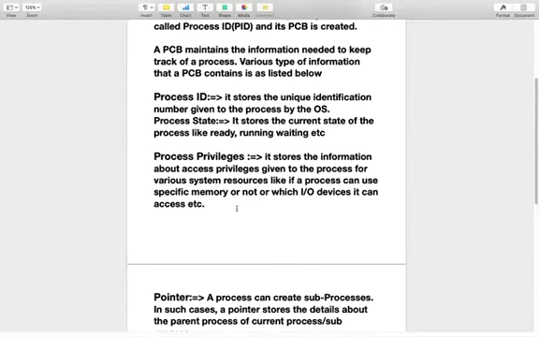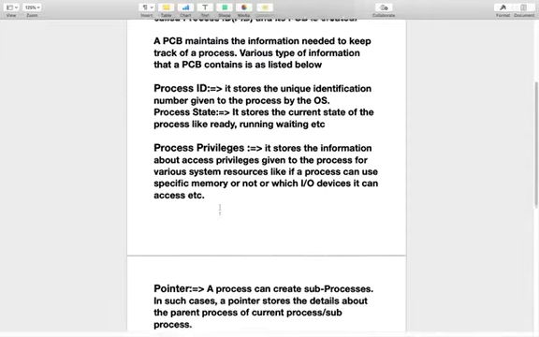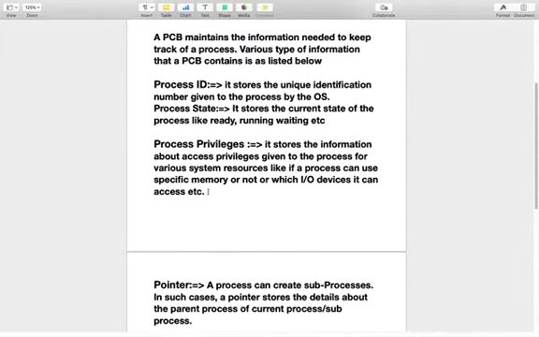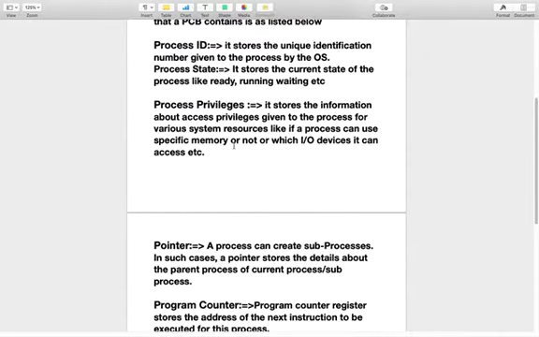Then third is process privileges. It stores the information about the access privilege given to the process for various system resources, like whether a process can use specific memory or not, or which input output device it can access. So who can access and who cannot access is stored in this process privilege block.